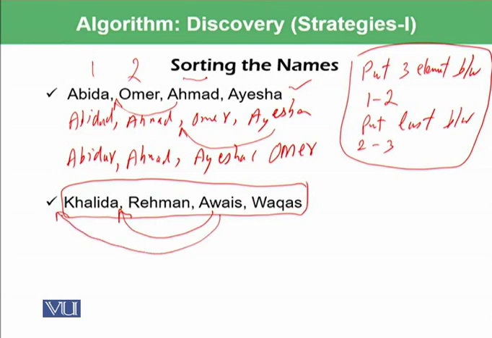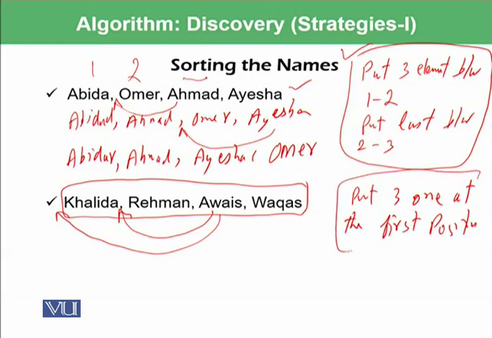So this means to sort these names, you need to put the third one at the first position. This means the algorithm we came up with cannot be applied to the next instance of the problem.